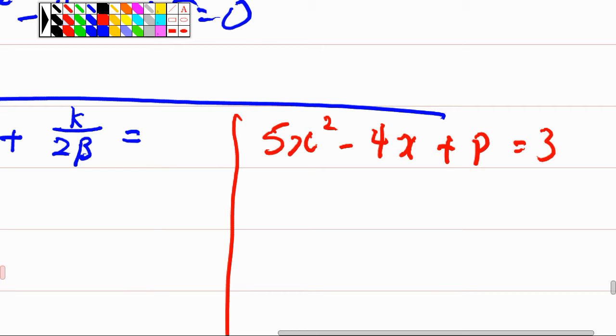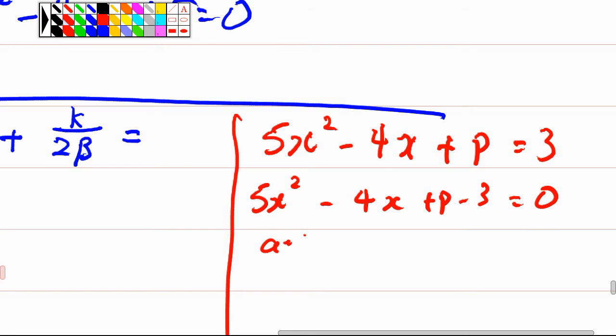A is 5, B is minus 4, C is p minus 3. So you must remember to change everything to the other side. So that is 1 mark. So A is 5, B is minus 4, C is p minus 3.